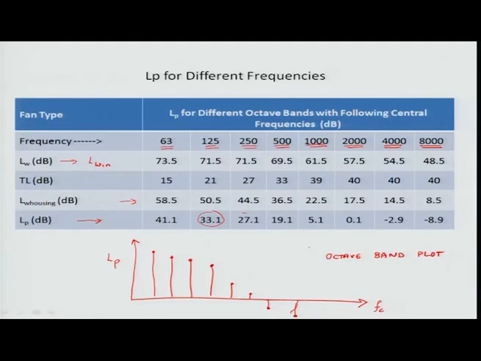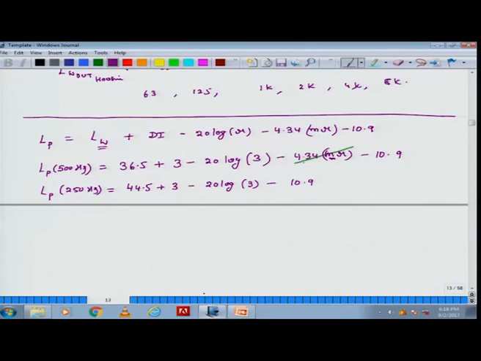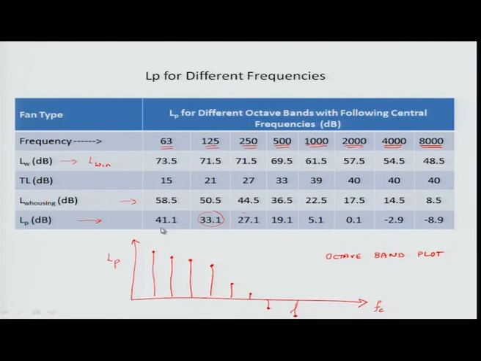The way we do that, and we have discussed this earlier, is we add them up, but it is a little different from just adding them up. So this is the frequency specific sound pressure level.